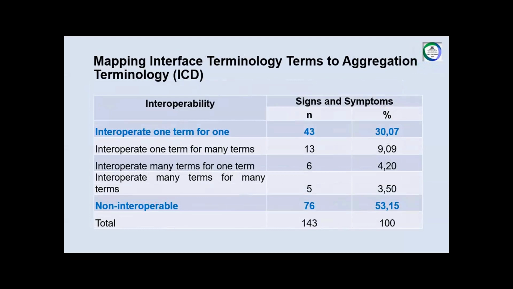And non-interoperable is about 53%. And the other is less. Interoperable many terms for many terms is just 3%. And we found 143 kinds of signs and symptoms that make this mapping.